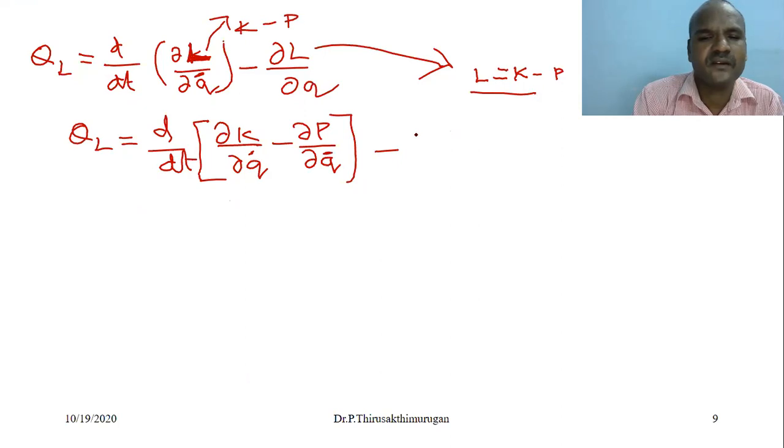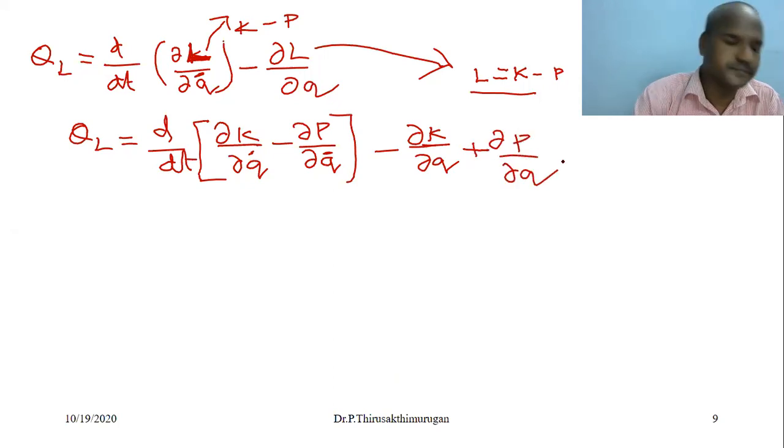Whereas here no Q dot, dou K by dou Q, minus of minus is plus dou P by dou Q.